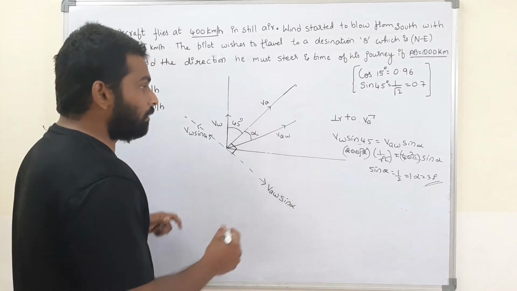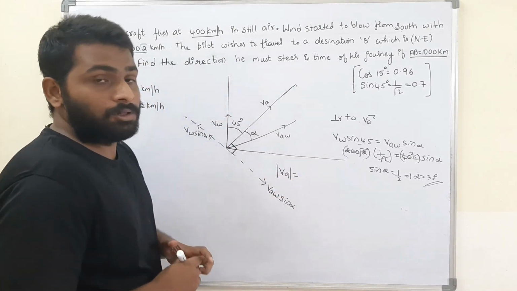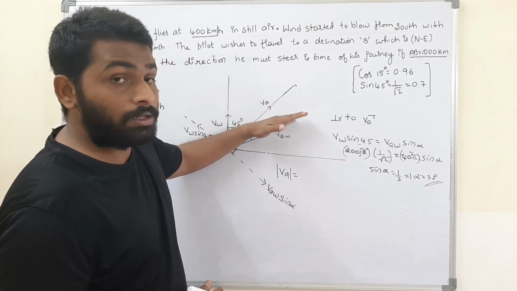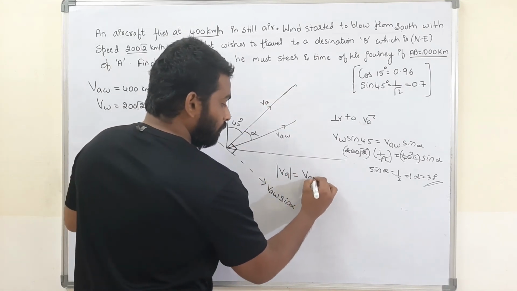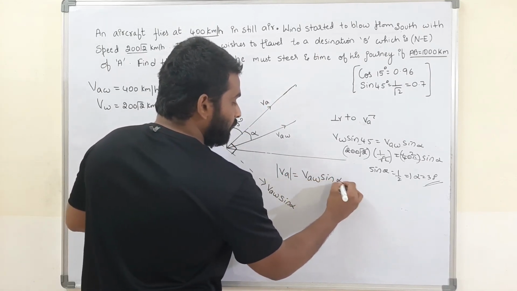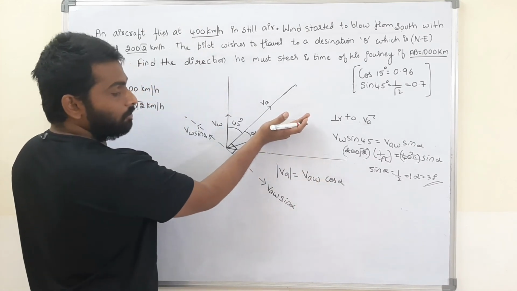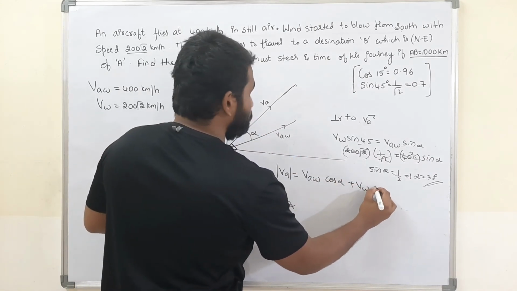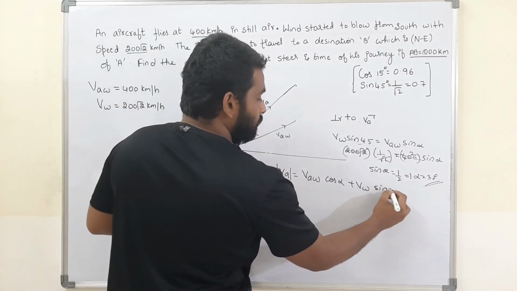Now what about the component of VA? What I told, if I resolve the components of these two vectors along VA, then I will get the magnitude. That means VA is equal to VAW cos alpha plus VW sin 45.